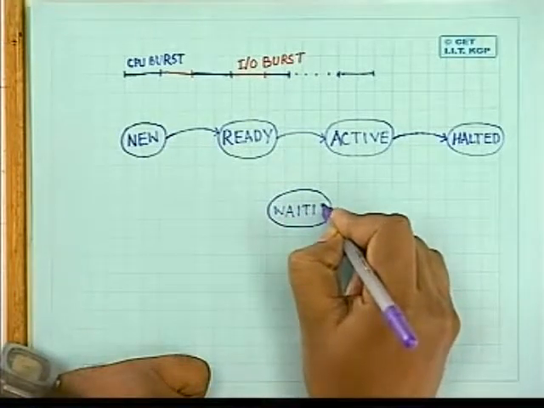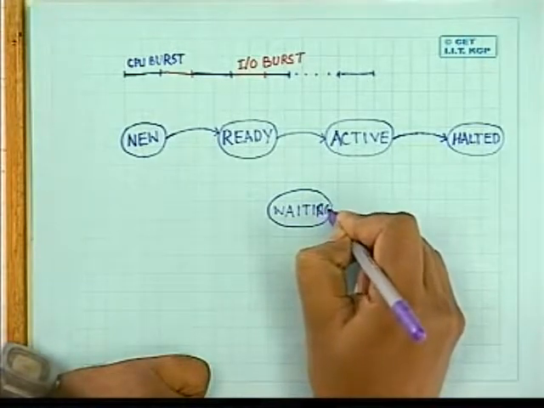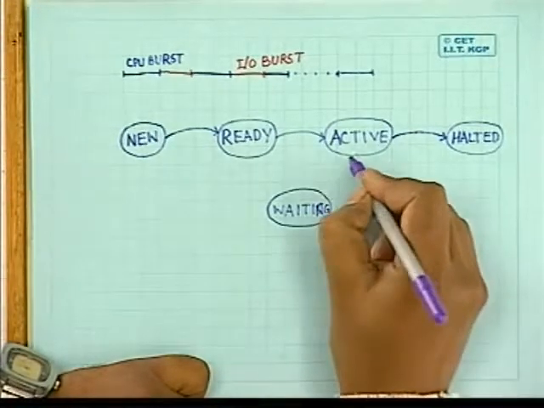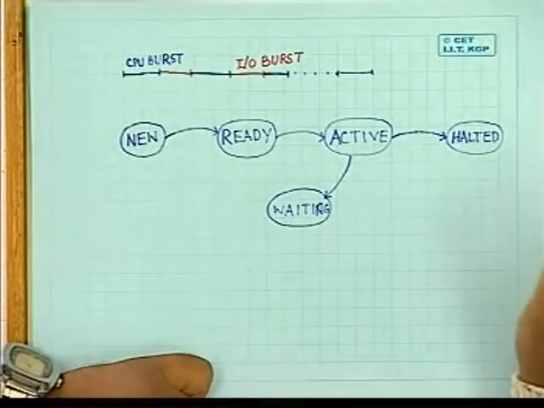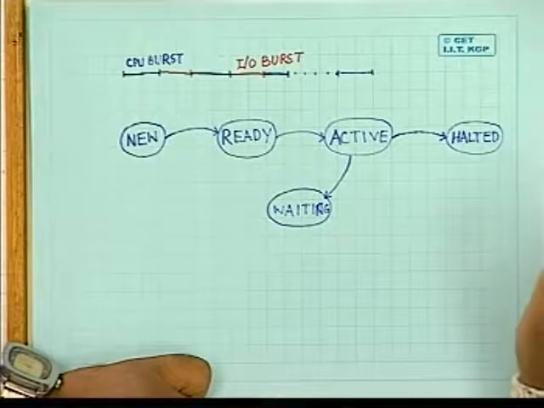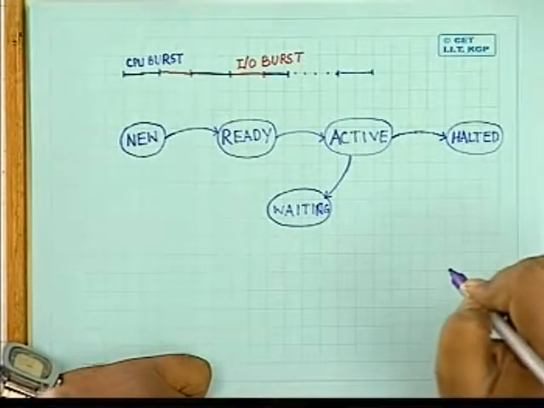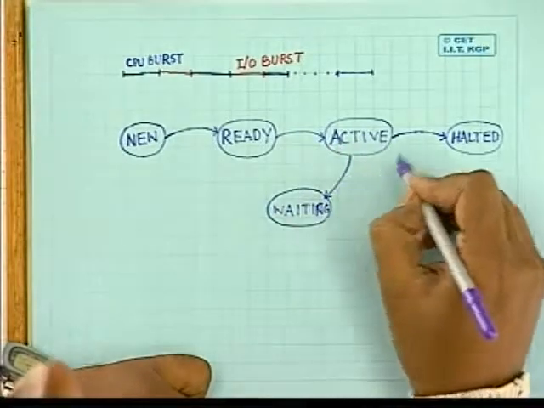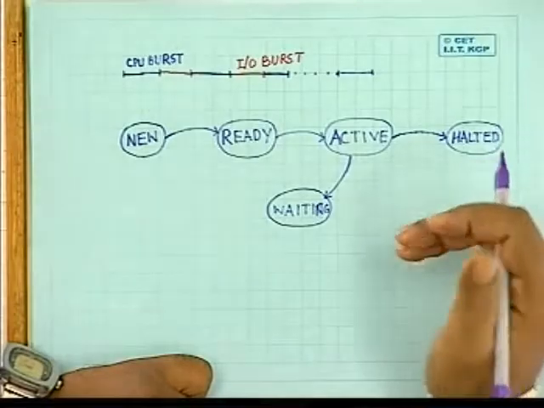So from active state, the job or the process moves into a waiting state when the CPU is released, that is, the CPU is free. Now, this time of the CPU can be utilized for execution of the CPU burst of another job.